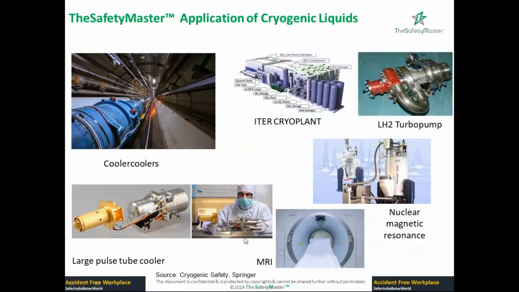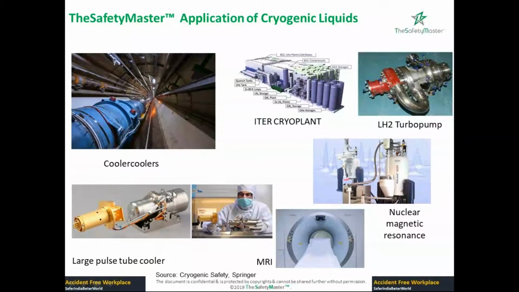And then you have a large pulse tube cooler. It's like a refrigerator for keeping the helium cool. This component is produced by Air Liquide, in collaboration with Air Liquide.